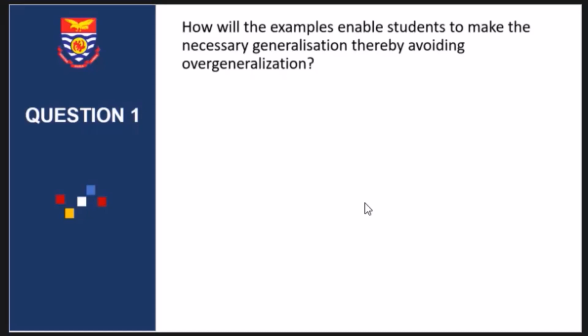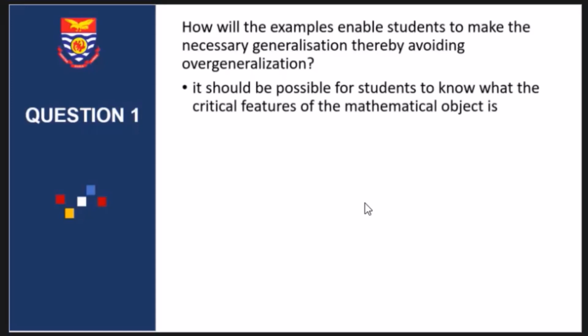And by this, we can look at it in these ways. It should be possible for students to know what the critical features of the mathematical object are. And by critical features, we mean the mathematical ideas that we want to present to the student. They should know what those things are.